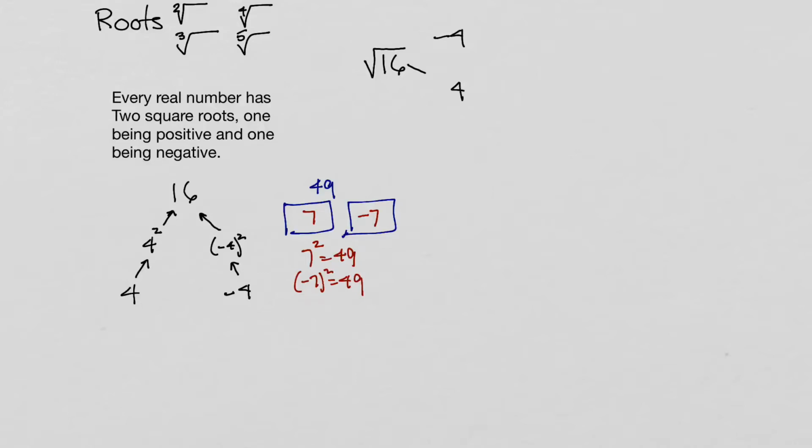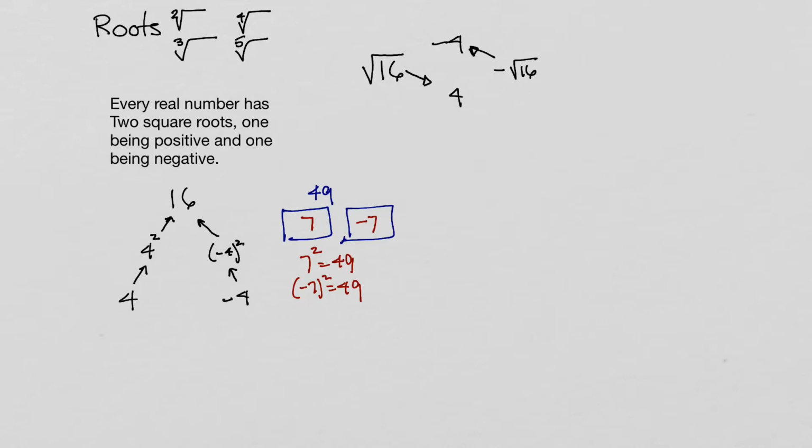And what that does is indicate the positive square root of 16. Now, to indicate the negative square root of 16, we'll just take the negative of what we just wrote. The square root of 16 like this is positive 4, so this would be negative 4.